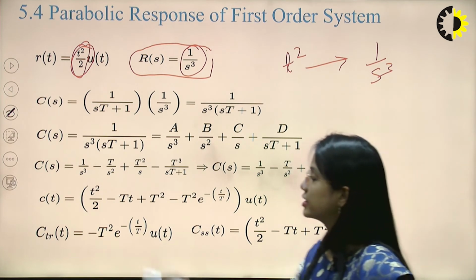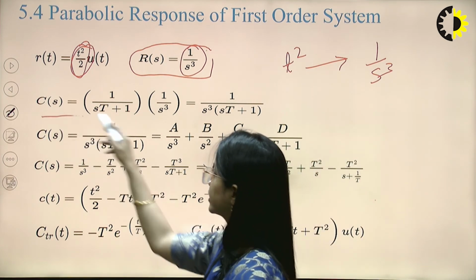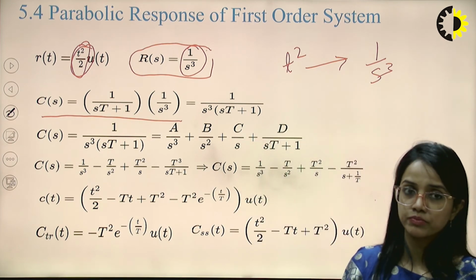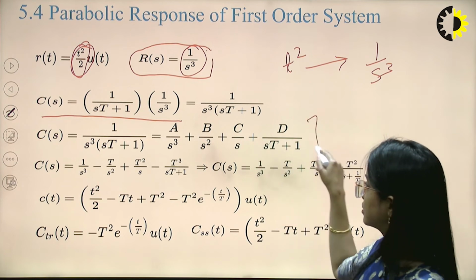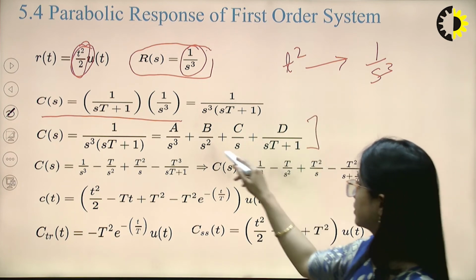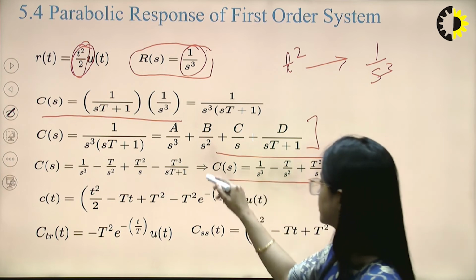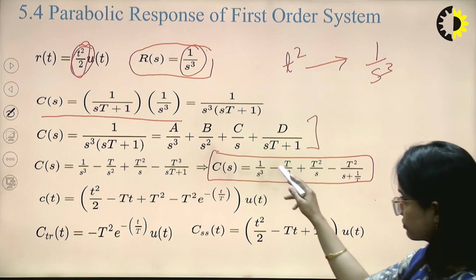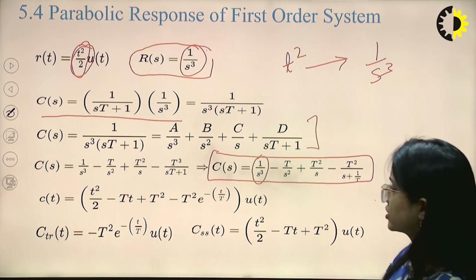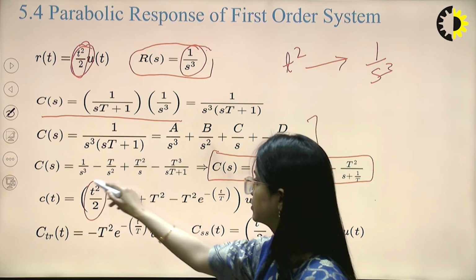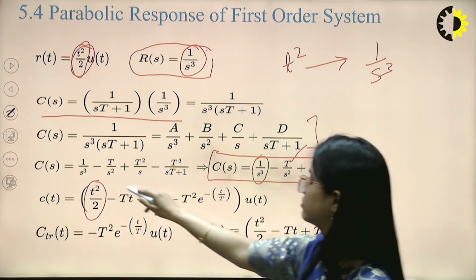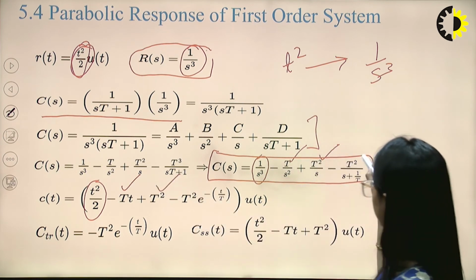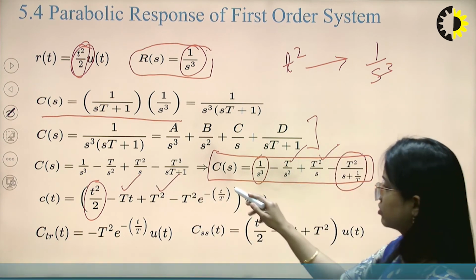Now C(s) will be the same standard equation, 1 upon (sT plus 1) into 1 by s cube. Then we split into partial fractions, and after splitting we get the overall output as this. 1 by s cube will give me this term, then 1 by s square will give me this term, t square by 2 will give me this term, and then of course this will give me the term with the exponential function.